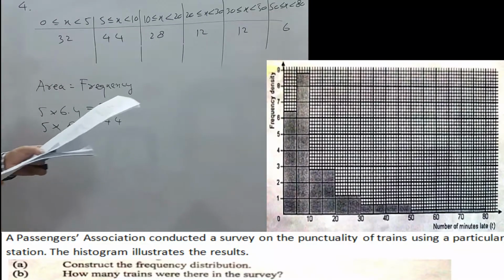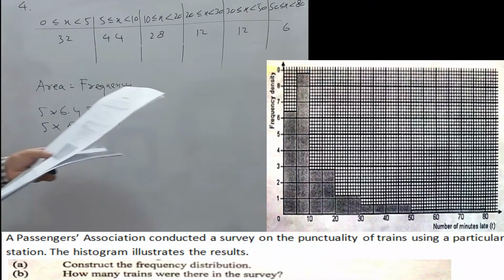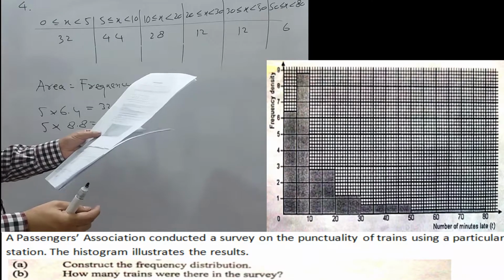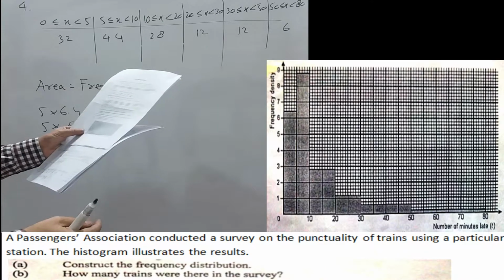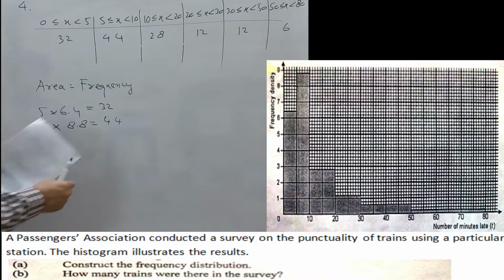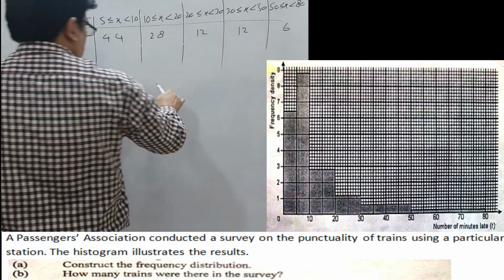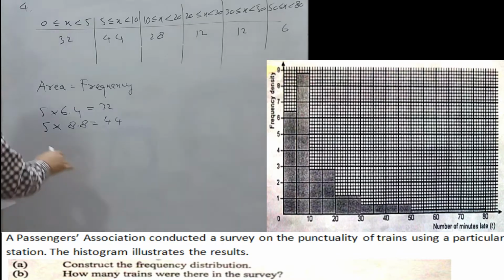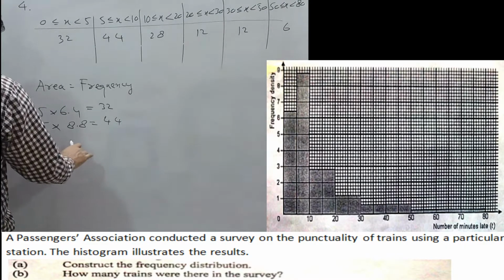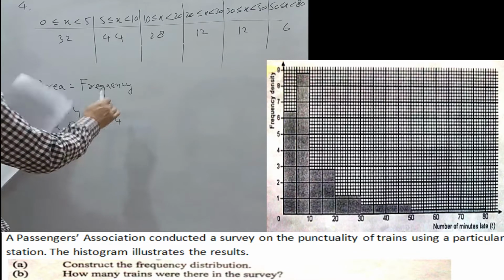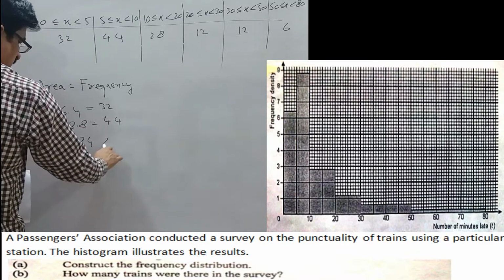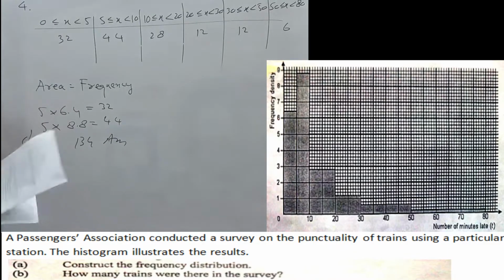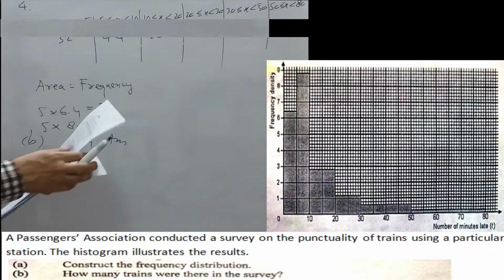So this is the frequency distribution for it. Now how many trains were there in the survey? If you add all these values, the second part, part B, number of trains, if you go on adding, you will get 134. So the answer to the second part is 134.